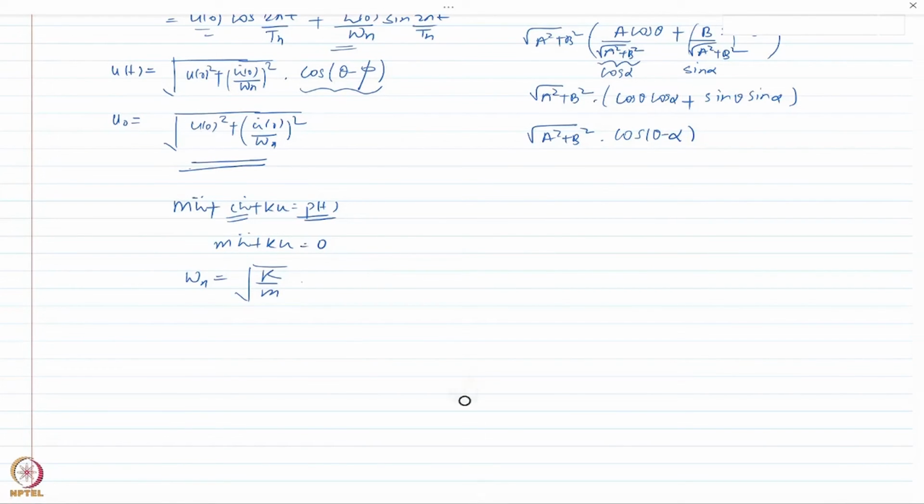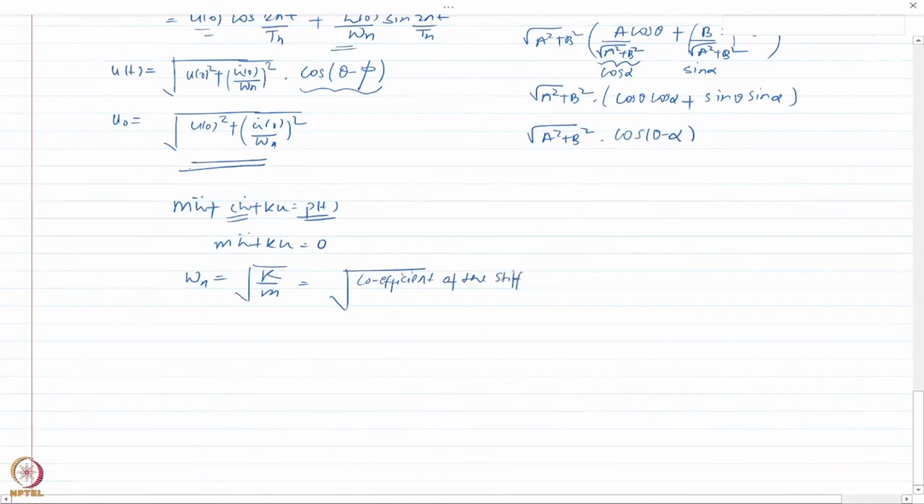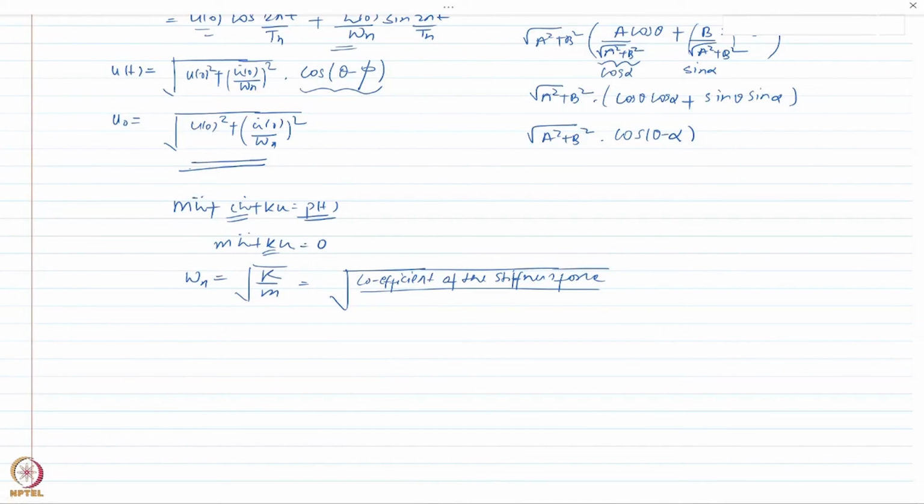The point I'm trying to make is, whatever the way you obtain your equation of motion, your omega n should be in the simplest form: the coefficient of the stiffness term, or stiffness force, divided by m, which would be the coefficient of the acceleration.